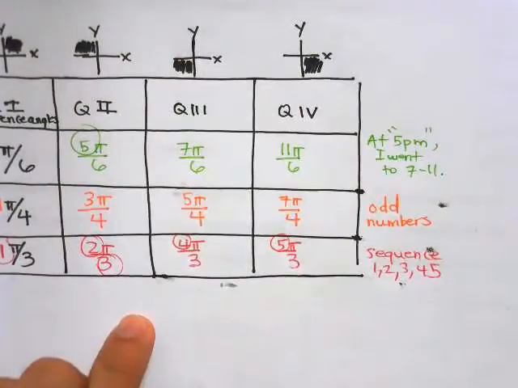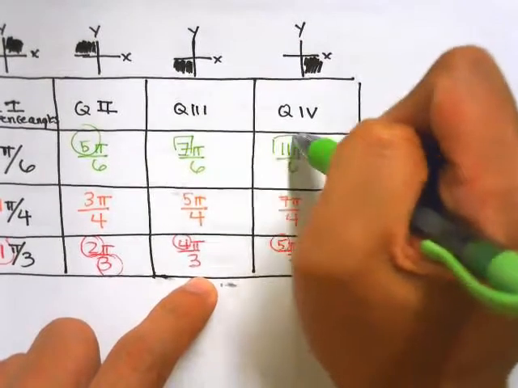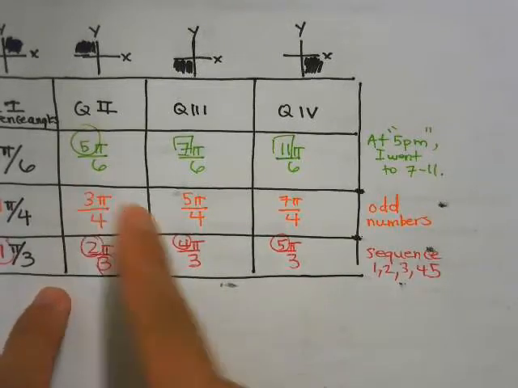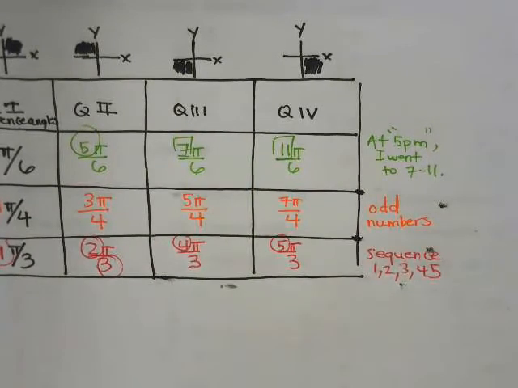At 5 p.m., I went to 7-Eleven. Kind of funny, huh? At 5 p.m., I went to 7-Eleven. Let's take a look at the sentence that I made, okay? A couple years back, I incorporated the 6, you know, at 5 p.m. and 6 p.m., I went to 7-Eleven, so you guys could also use that too. Then I just kind of chunked it down. And I just said, at 5 p.m., I went to 7-Eleven.